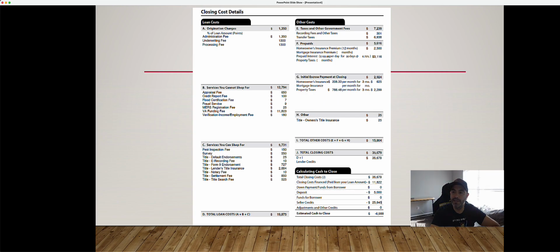Like I said, Section B, just keep an eye out, but across all lenders it should be relatively the same in there. And Section C through H should all be the same across all lenders. That's important because keep in mind a loan estimate is only an estimate in the beginning phases.